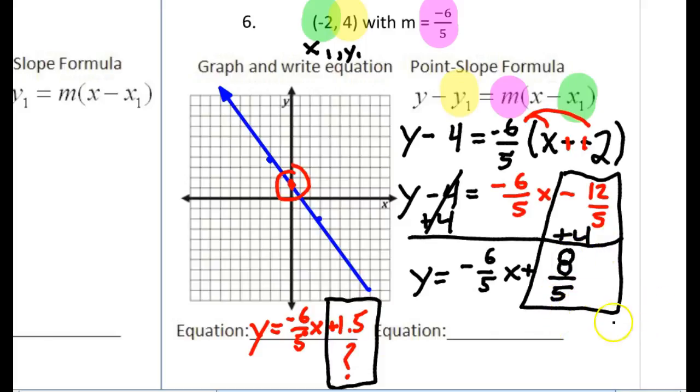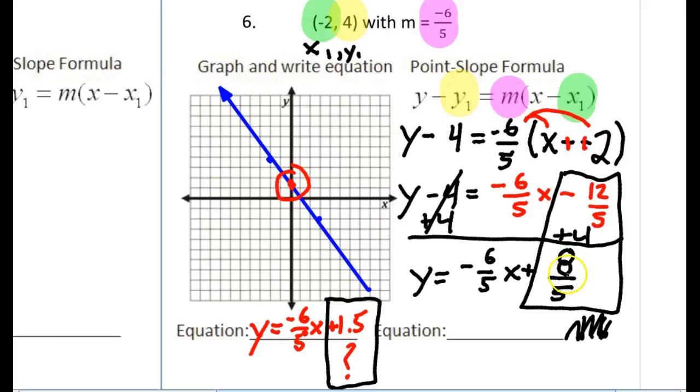And if you make that a decimal, it turns into, I think, 1.6. So we estimated at 1.5, but it's really 1.6. Okay? So good thing we did this form and not just rely on the graph, because we would have been off by a little bit. Now, in your final answer, you usually just leave the y-intercept as a fraction.